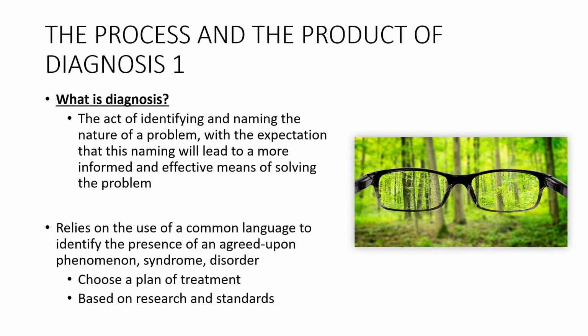or disorder. So when it says relies on the use of a common language, what that means is, let's say there are 50 psychologists or counselors, and they should all be using the same words for the same things they're observing from the client's behaviors.